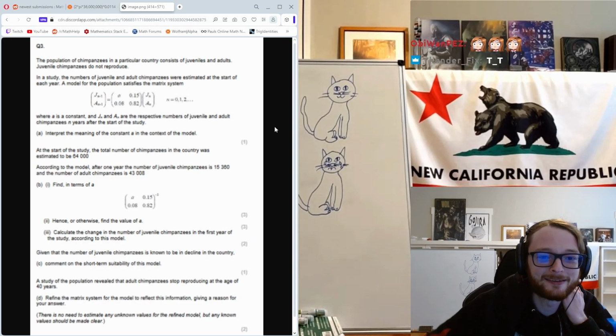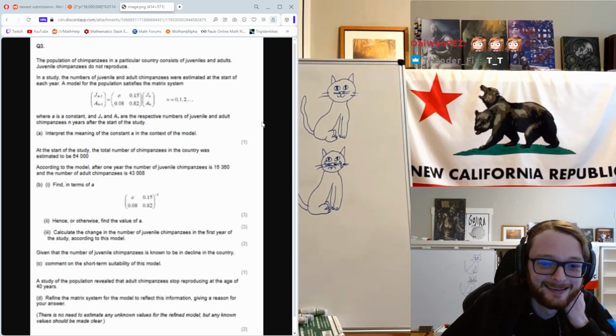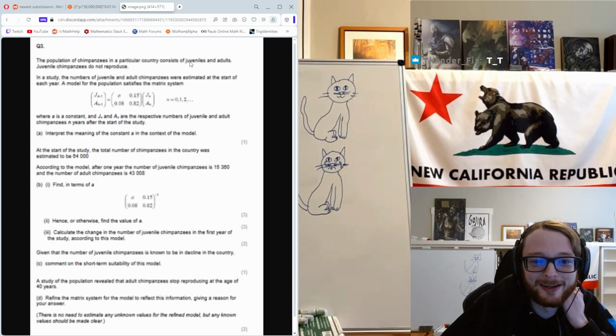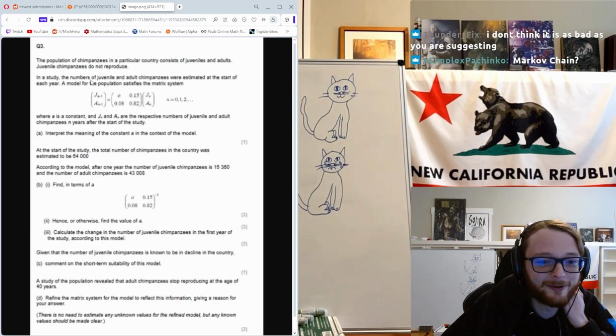Well, let's see if we can get through this one. The population of chimpanzees in a particular country consists of juveniles and adults. Juvenile chimpanzees do not reproduce. Okay, okay. Oh, is this related to Markov chains? I've heard the term. I don't know how they work though.